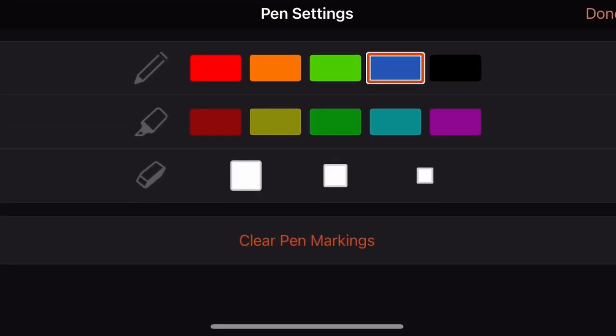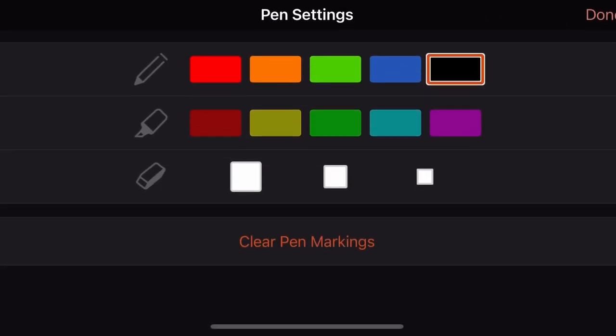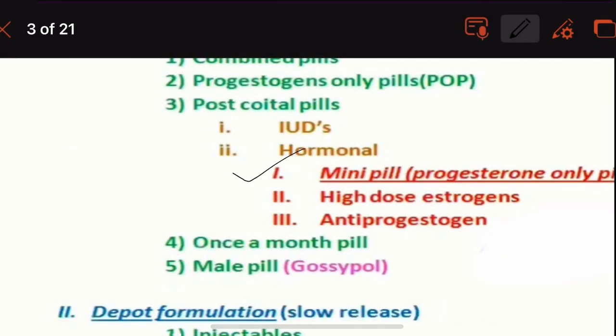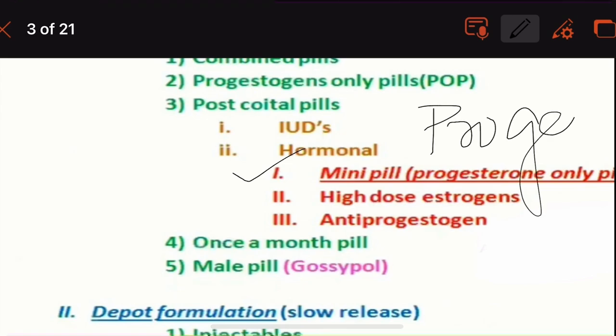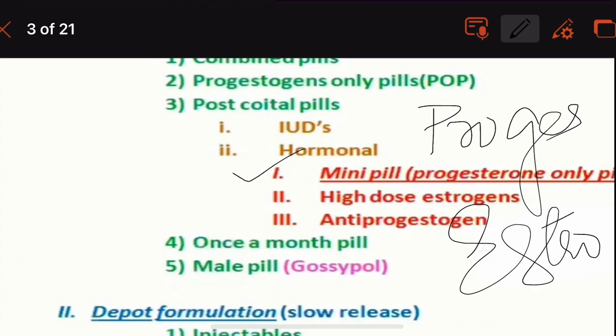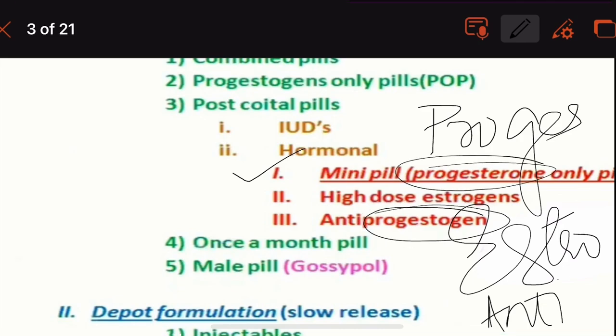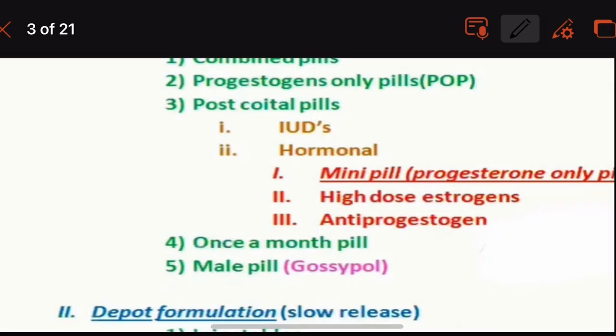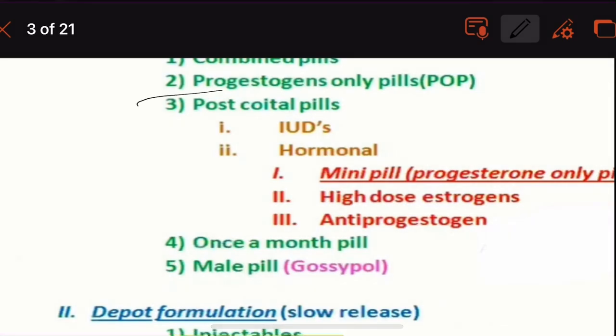So 3 hormonal methods you have to remember: the mini pill, progesterone only pill, and high doses of estrogens. This was under the post-coital pill.